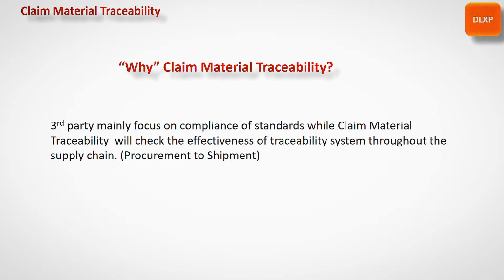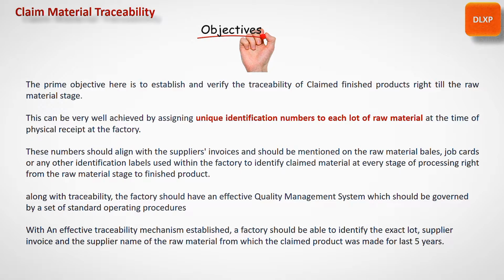The objective of claim material traceability is to verify the traceability of claim finished products right till the raw material stage. Raw material means, when you procure, in terms of cotton or anything.